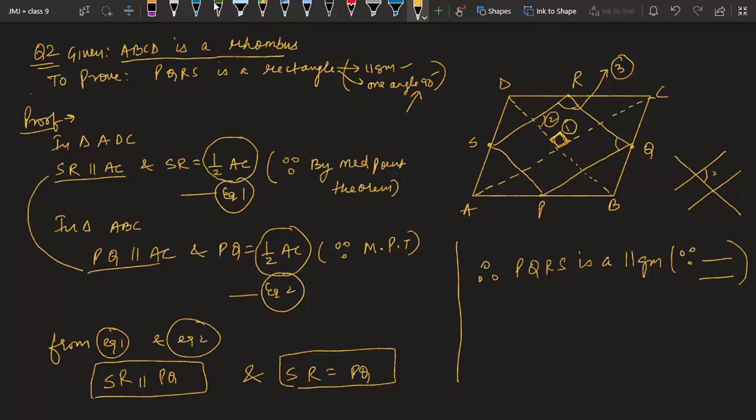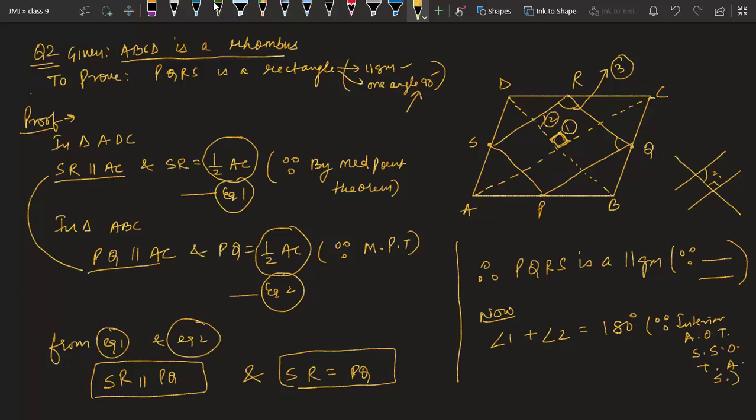So this angle 2 and this angle 1, they are forming interior angles on the same side of transversal, so they are supplementary. We can say angle 1 plus angle 2 is equal to 180 degree, because interior angles on the same side of transversal are supplementary.